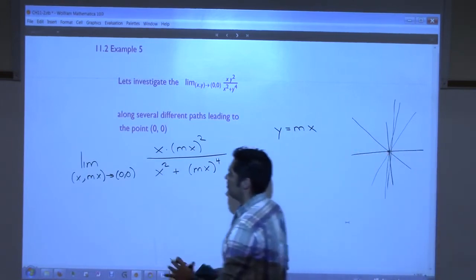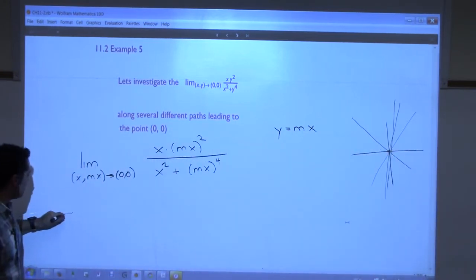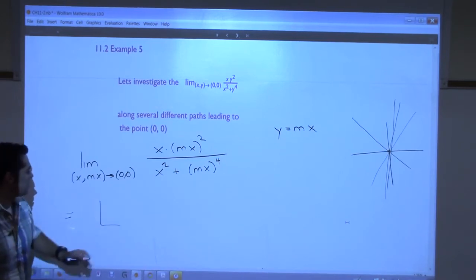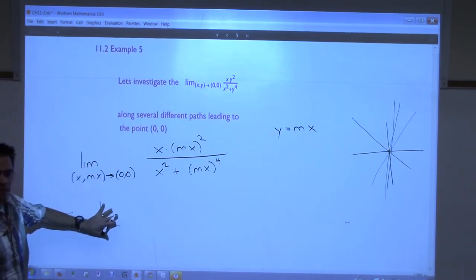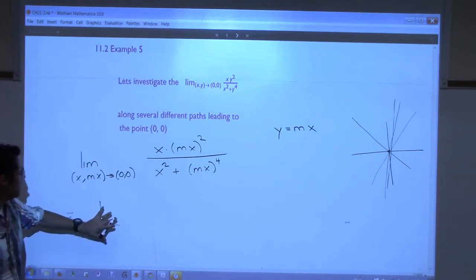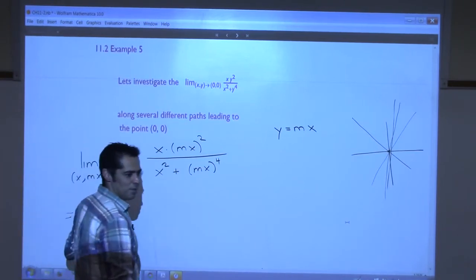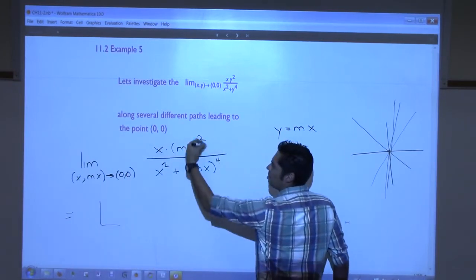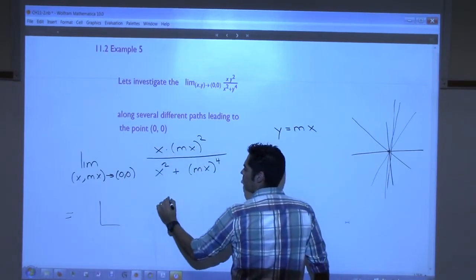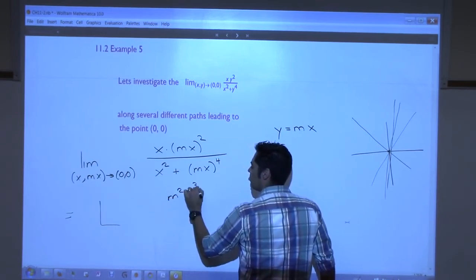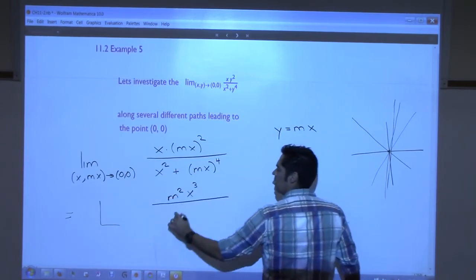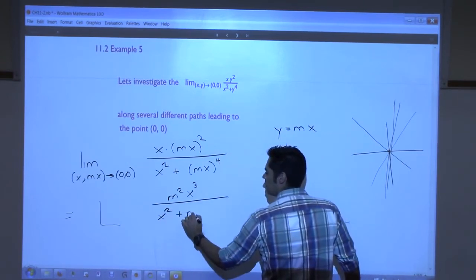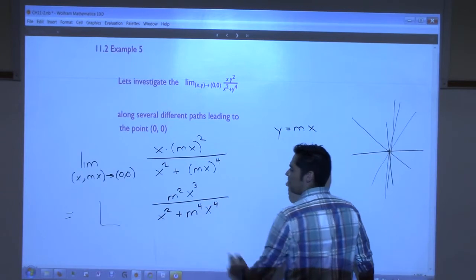So I'm going to have to be precise with my notation, I need to rewrite this limit again, right? That's a lot to write, and it's class time. So I'm just going to write, this is all L, okay? I do that when I'm doing the homework problems, too, because it's too much writing. So this here, on a test, please write it down, okay? It's not that bad. What is the top here? M squared x cubed. On the bottom, x squared plus m to the fourth, x to the fourth.